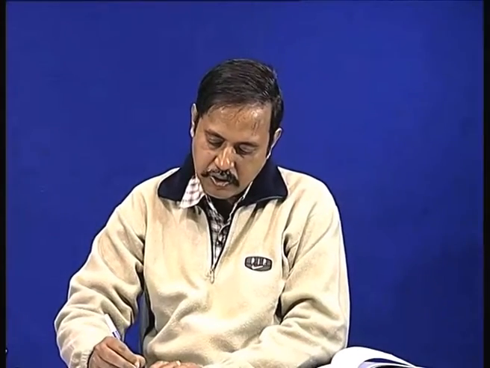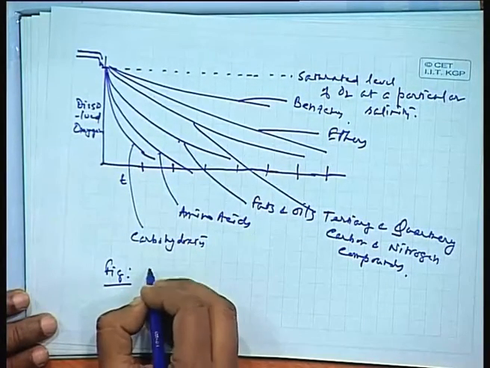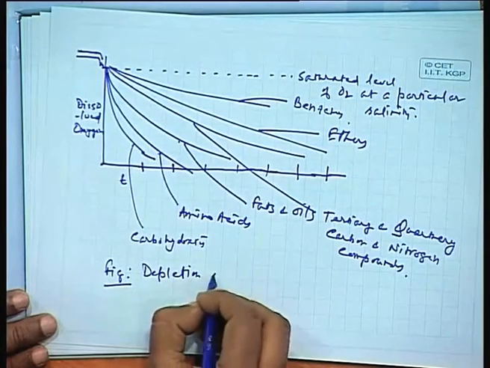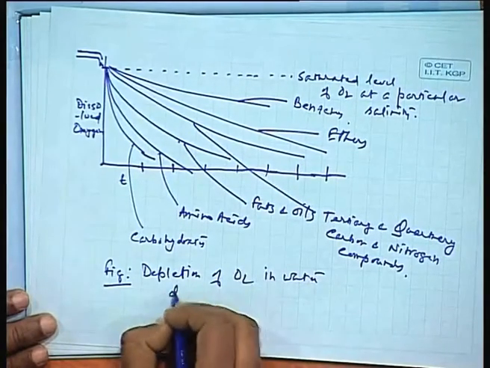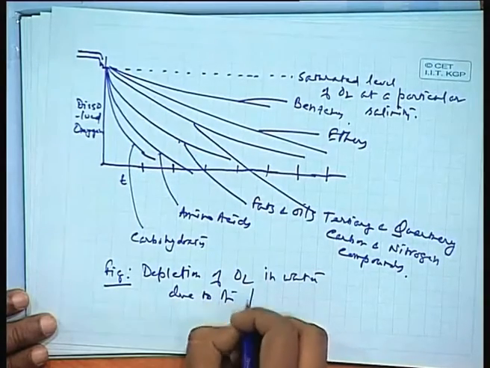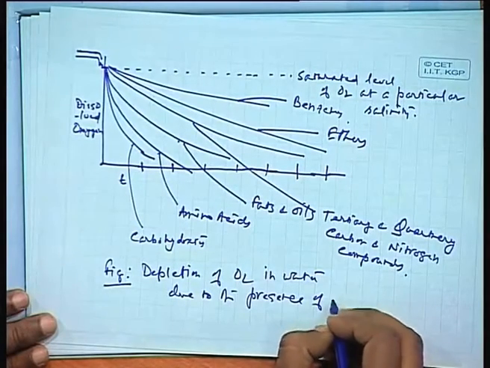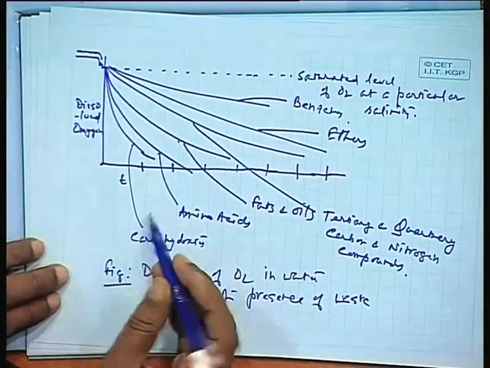This figure is to suggest the depletion of oxygen in water due to the presence of waste. We can see this if you just observe this now.